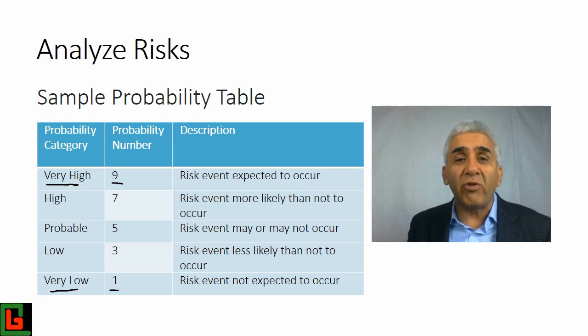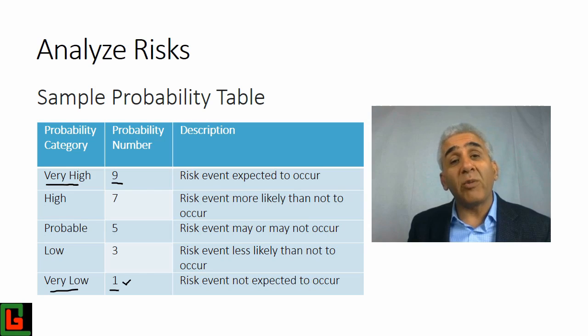Some use 1 to 9, some organizations use 1 to 5, and some use 1 to 3. In this particular example, we are talking of an organization which is using the scale of 1 to 9. So anything which has a high probability is assigned number 9, and any event which has very little chance of happening is assigned number 1.